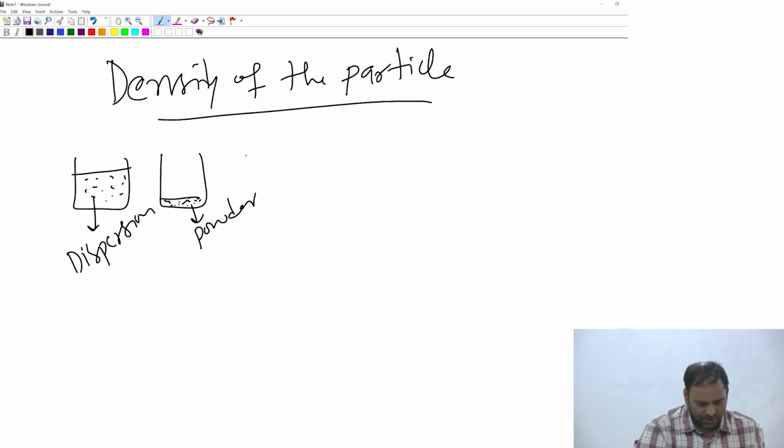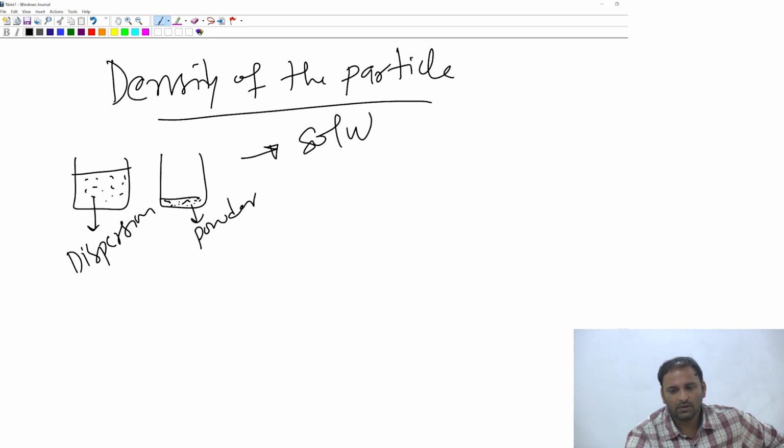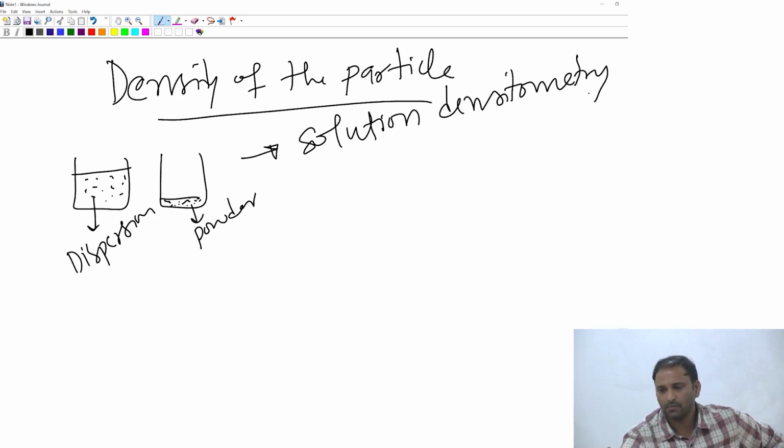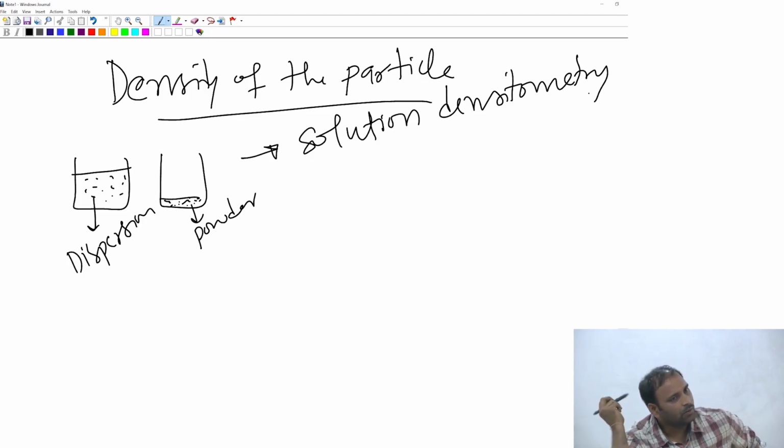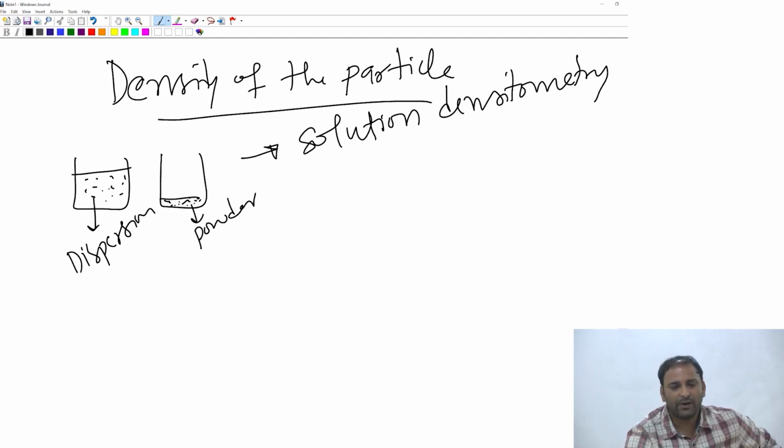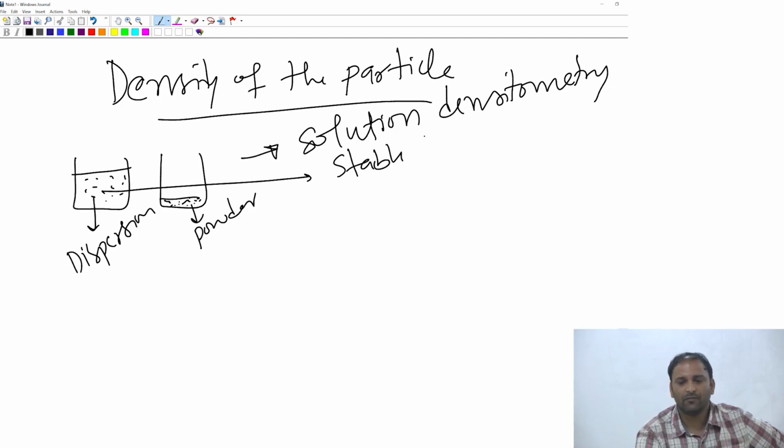So there's a technique called solution densitometry. What is done is this. Say that I could have a powder sample, or I could have a dispersion given to me. I need a way of making what is called a stable dispersion.